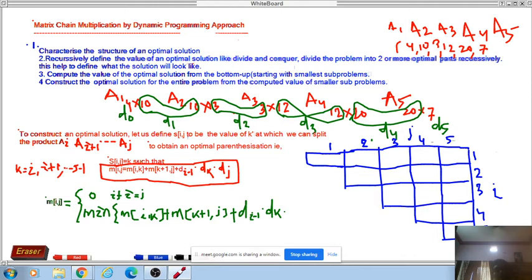This is the formula. This is the mathematical approach we are going to use.